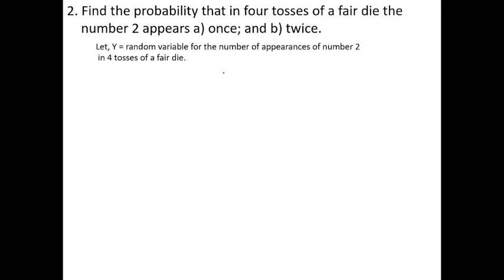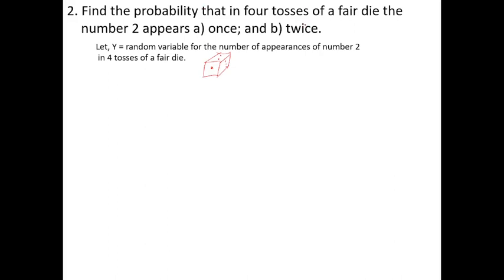Okay. So we have a die, right? And we let y be the random variable for the number of appearances of number 2 in 4 tosses of a fair die.